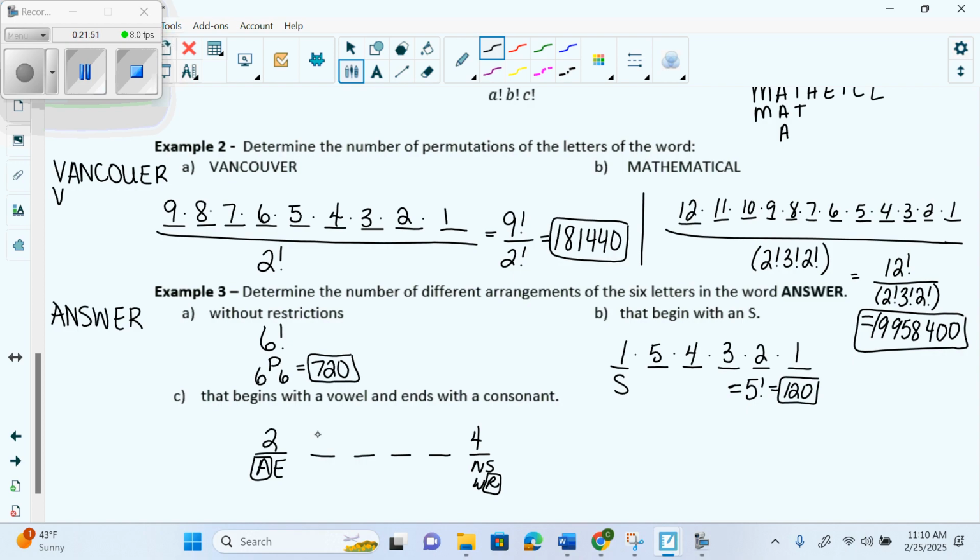We've used up how many letters? How many do we have left? 4, yeah. So 4 then, 3 then, 2 then, 1. So it's technically 8 times 4 factorial, which is 192. And flip over.